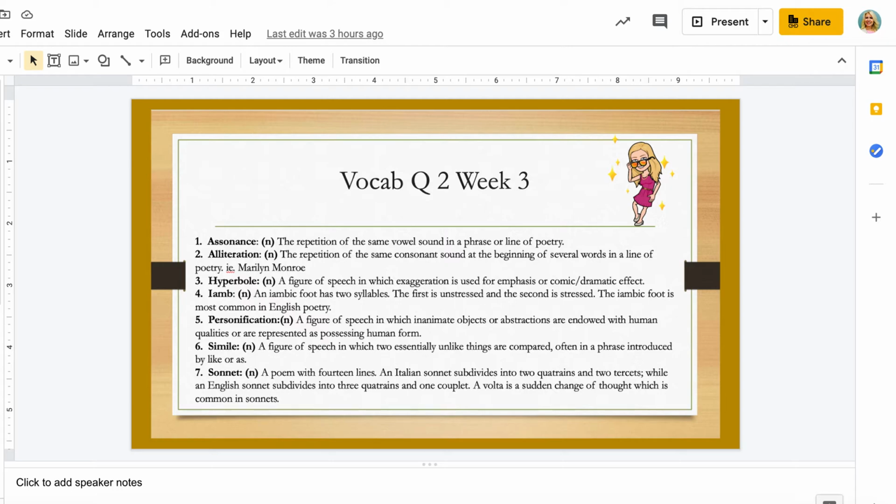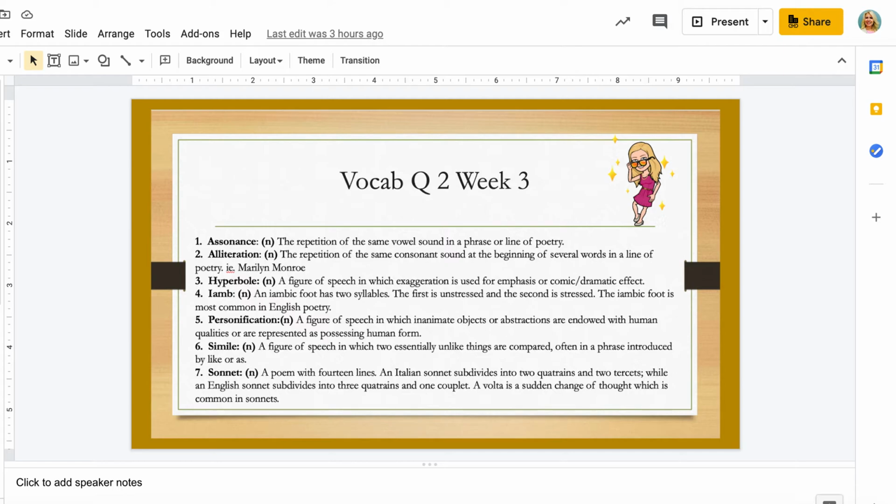I'll come back to number 4. I want to move on to number 5, personification. I'm sure you're familiar with personification. It's a figure of speech in which the inanimate object is given human qualities. This inanimate object is sometimes even represented as possessing a human form.